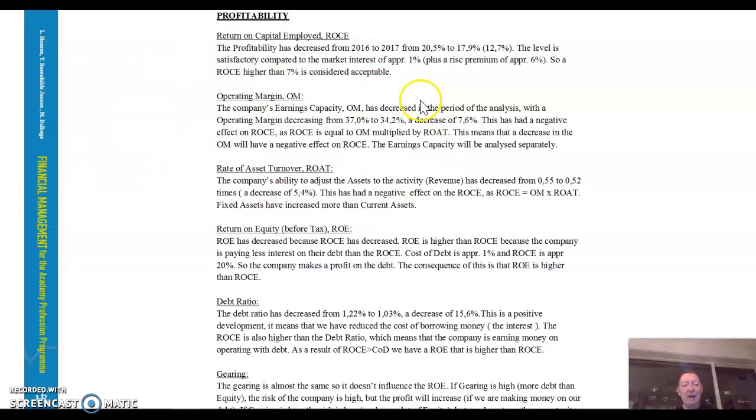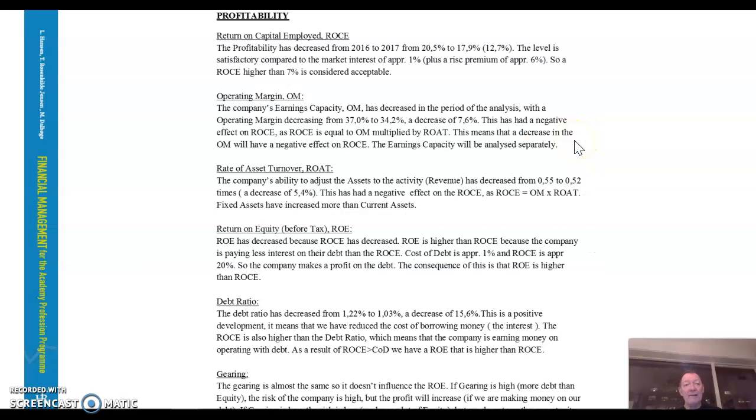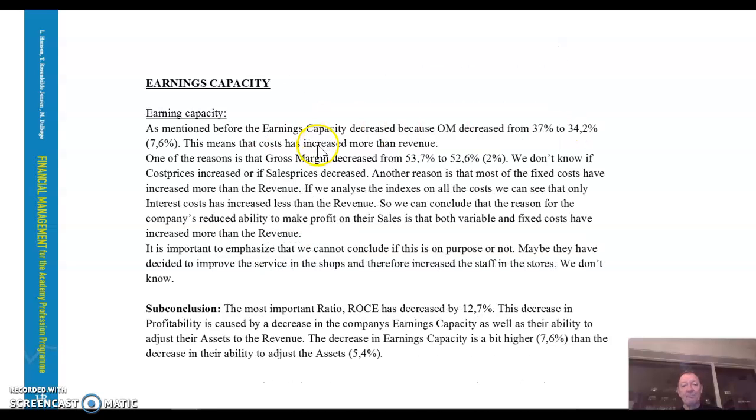These three are related, and this operating margin, you take this out of your profitability, you could say, and make here a special analysis of the earnings capacity. And as you can see here, they start again with the earnings capacity. The operating margin has decreased from 37 to 34. Same story as you told here in the profitability.